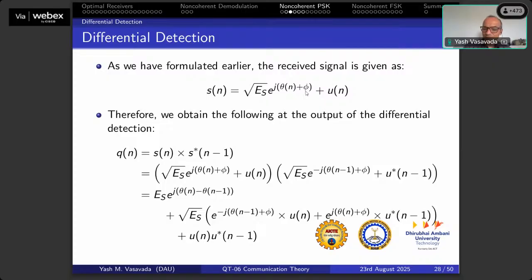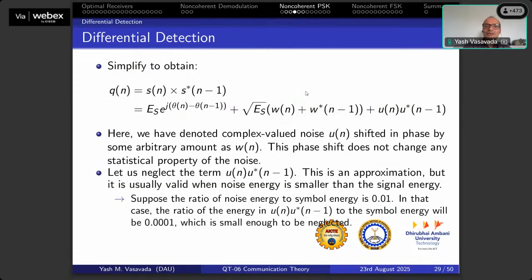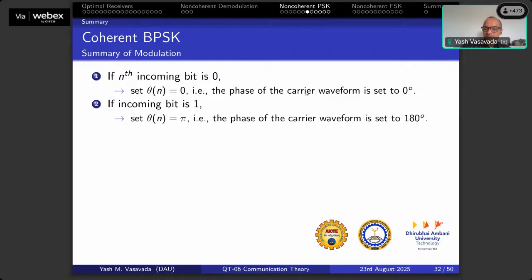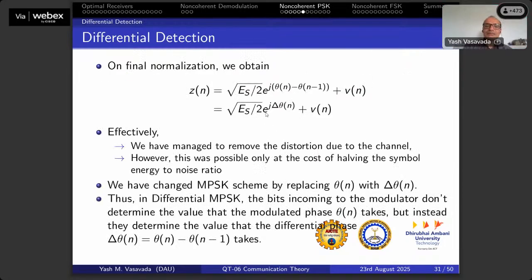I don't have to be bothered about knowing the phase of the channel. Here there is no phi term. And so that is the advantage of what is known as non-coherent modulation. It removes the distortion due to the channel, assuming that that distortion remains constant across two consecutive symbols.